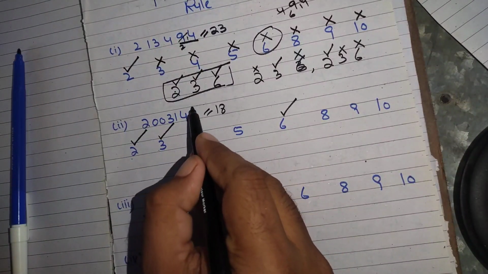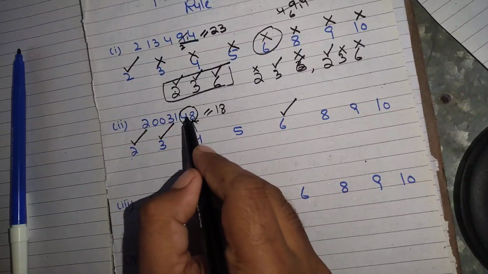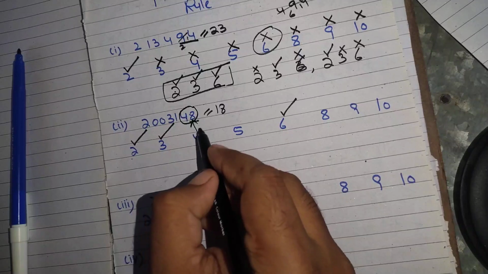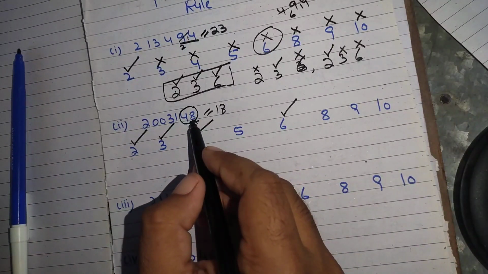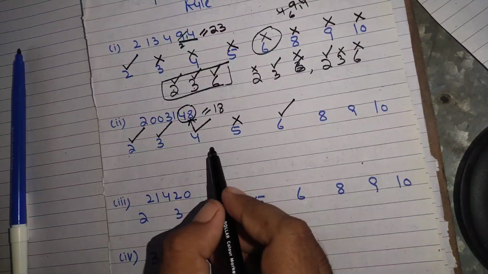For 4 we again check the last two digits, 4 8, 4 times 12 is 48, so we say this is also a divisor. For 5, 0 or 5 is not present, so we put the cross.